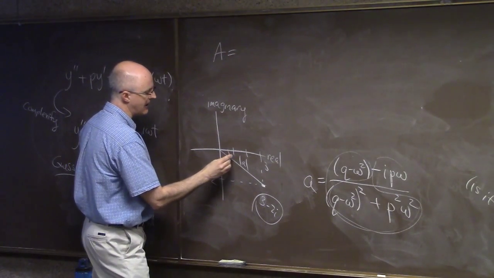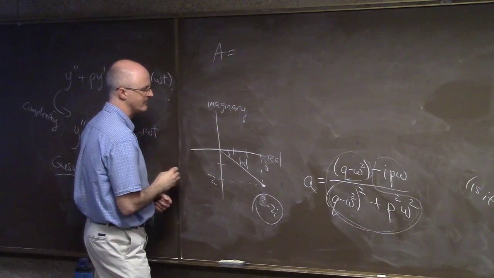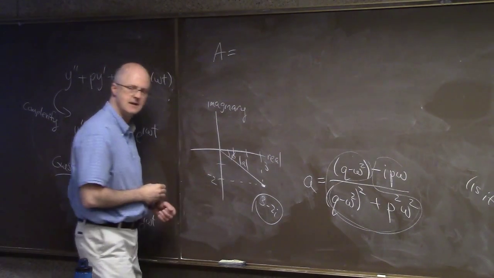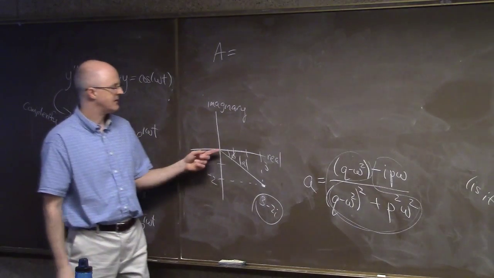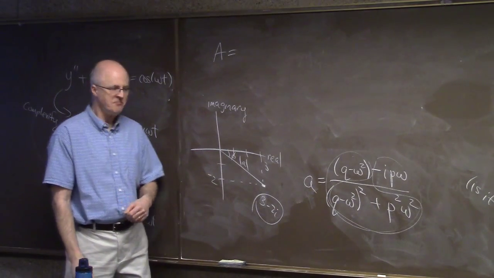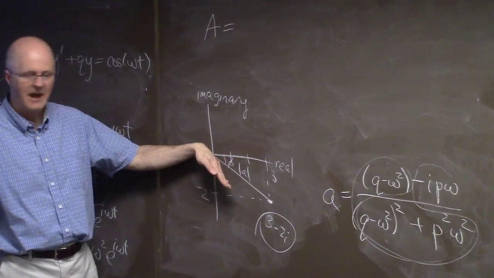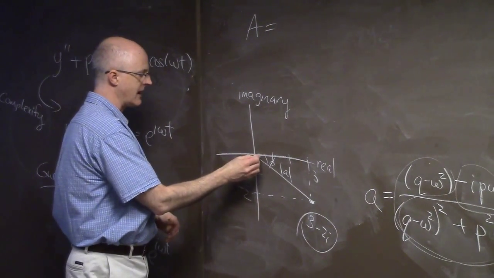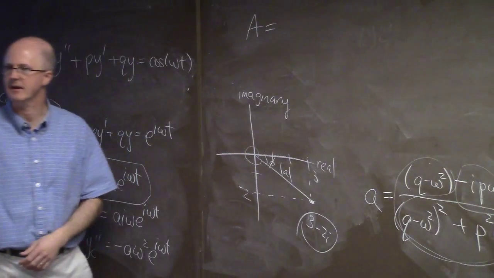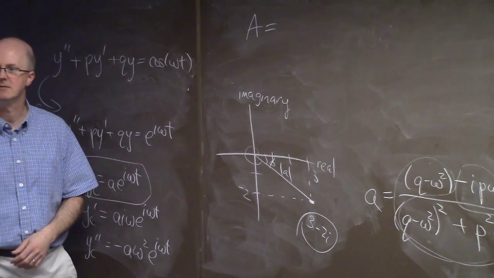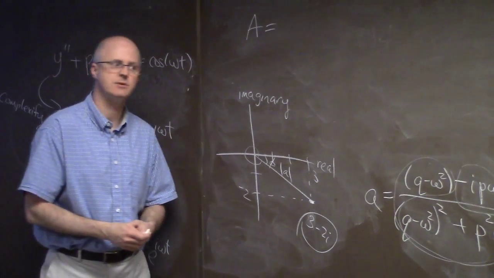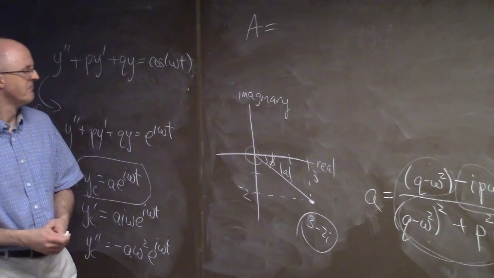It also makes an angle. What should I call the angle? How about phi? With the positive real axis. In this case, you can think of that as a negative angle. You also could measure it in other ways. You could measure it around that way and think of it as a positive angle. And you could add multiples of 2 pi to your answers, integer multiples.